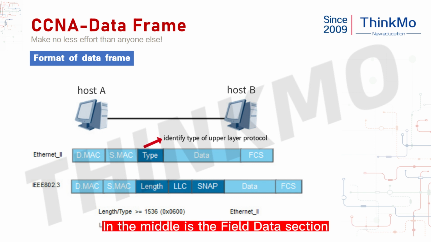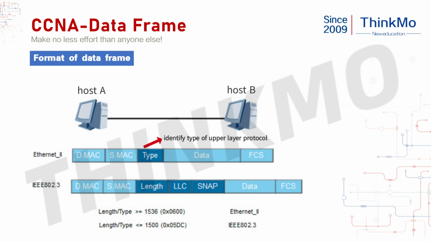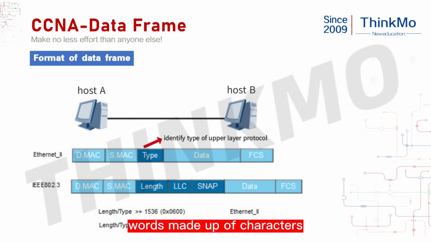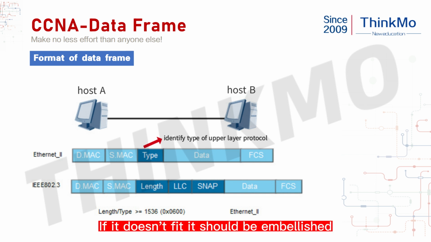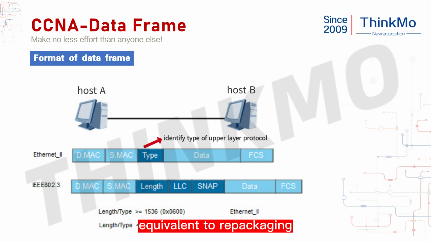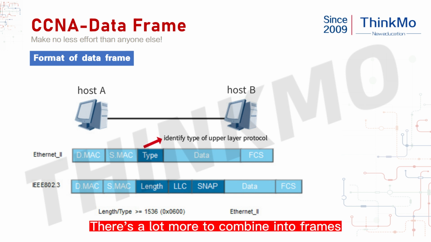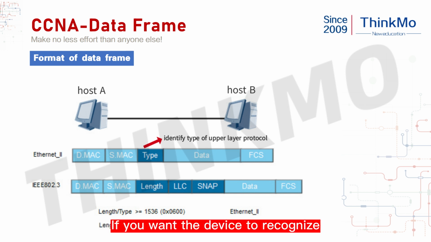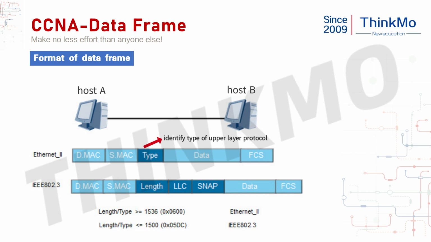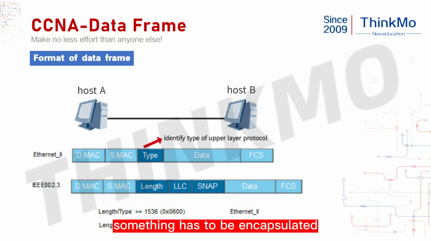In the middle is the data field. FCS is the frame tail. I just talked about that: words made up of characters. If it doesn't fit, it should be embellished, equivalent to repackaging. There's a lot more to combine into frames. If you want the device to recognize it, something has to be encapsulated.